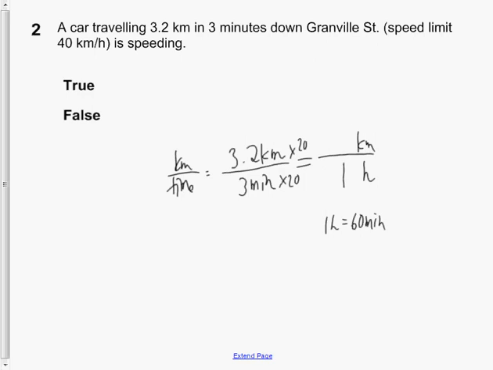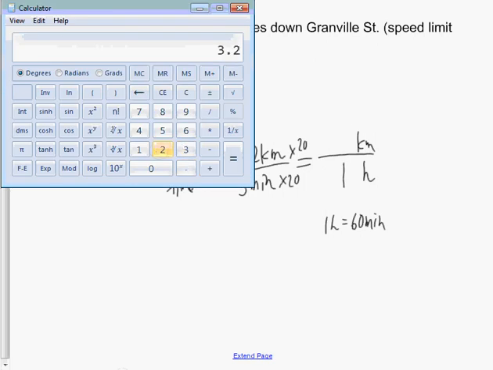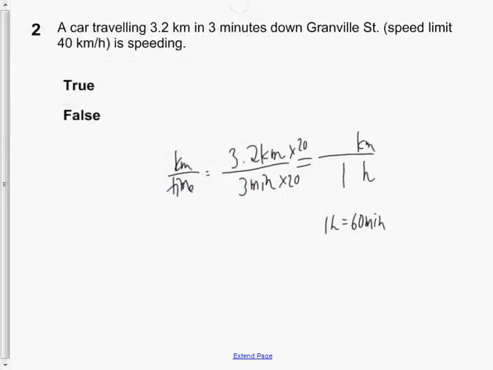And 3.2 times 20 is 64, but I'll just double check. So 3.2 times 20 is 64. So therefore, it is traveling 64 kilometers per hour and is speeding. So therefore, it is true again. It is speeding.